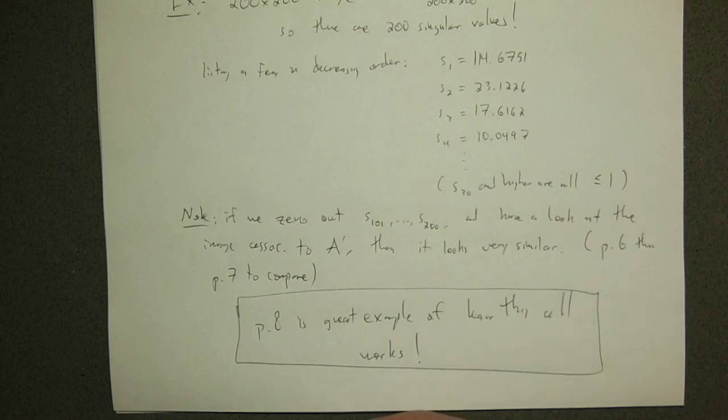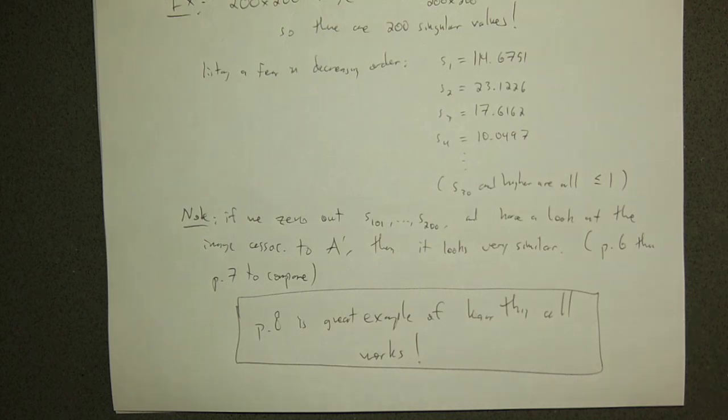Tossing out another 50, so you've tossed out all but the first 50. Okay, so S sub 1 through S sub 50 you have kept, and everything else you have zeroed out. Recomputing that matrix A prime, generating the image, you get something that again looks very similar, right?